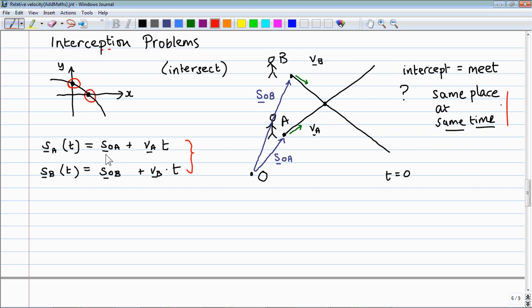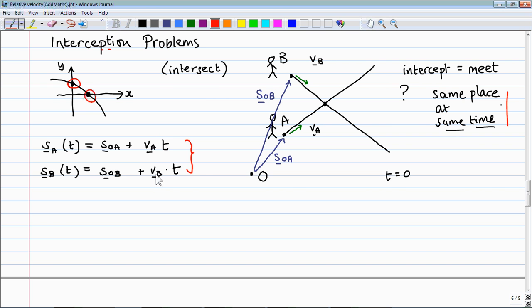So we can treat this as two simultaneous equations. And the point is, because it's a simultaneous equation, what we're saying is that the value of t needs to be the same in both cases, and then that will allow us to work out various things.